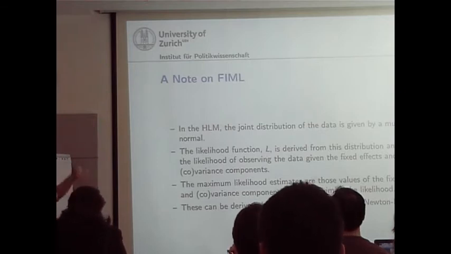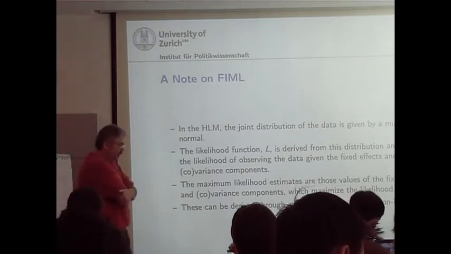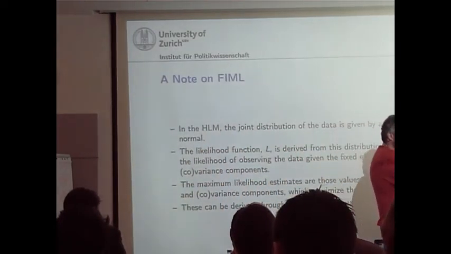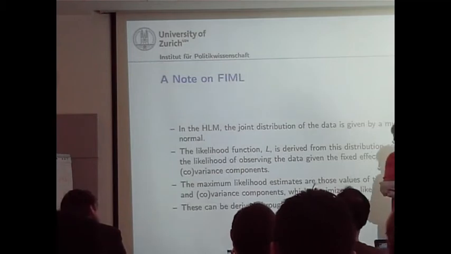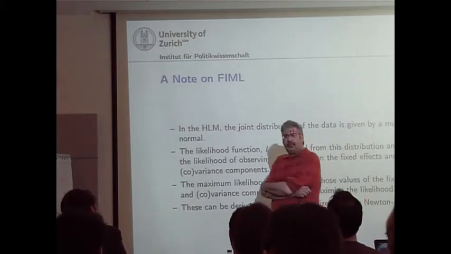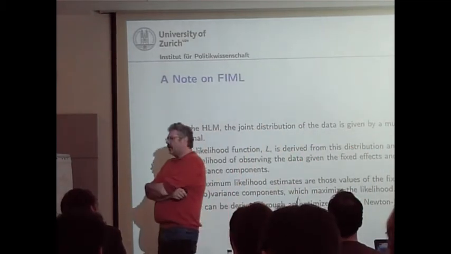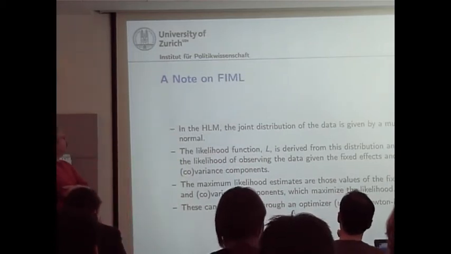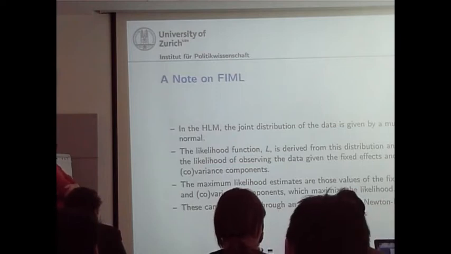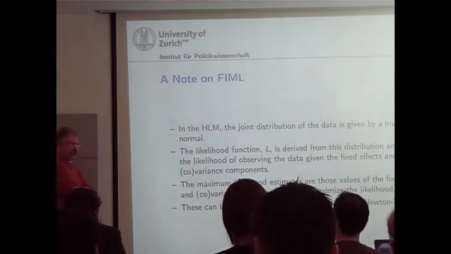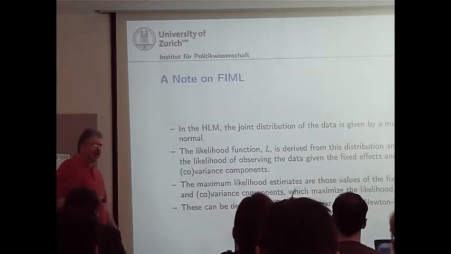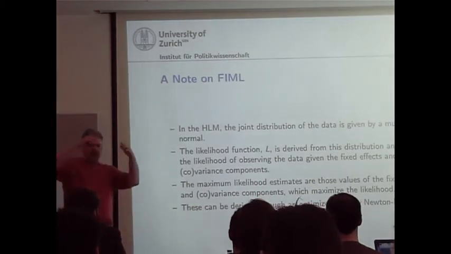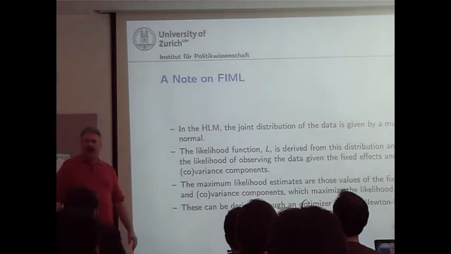What a full information maximum likelihood procedure does is it estimates the variance components and the fixed effects in one step, simultaneously. And the way this is done, just to give you a little bit of background, is to say, okay, what is the distribution of the y's?